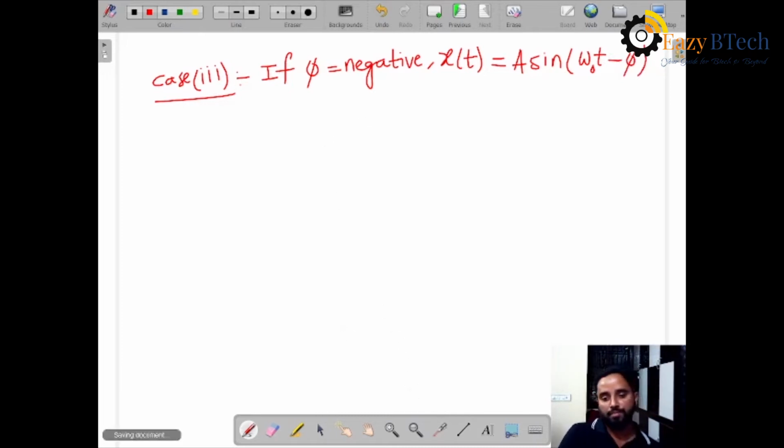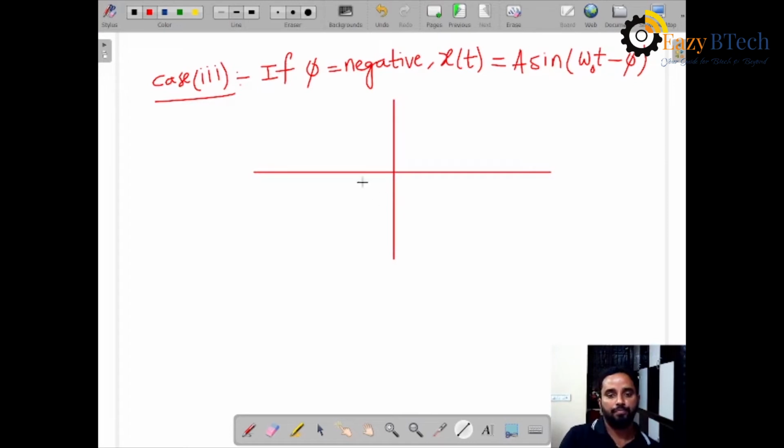Now the waveform. Peak amplitude I am taking minus A, plus A. Positive peak is plus A, negative peak is minus A. That is peak amplitude.